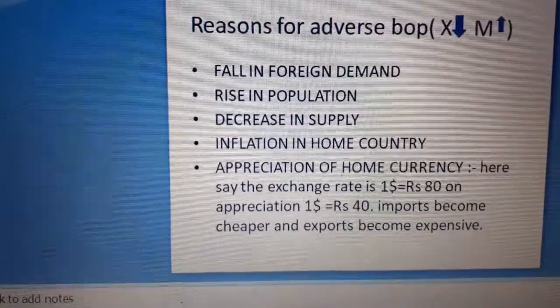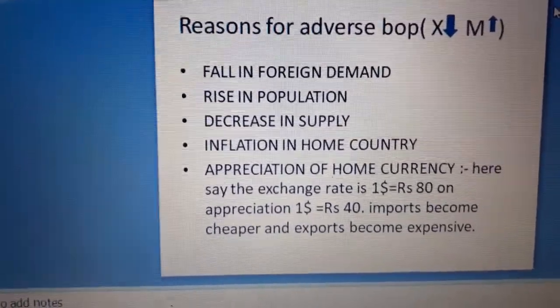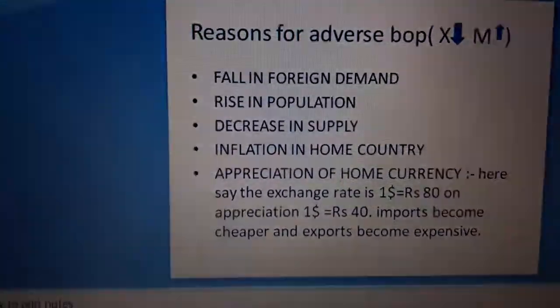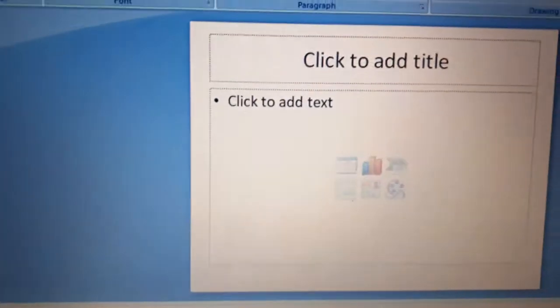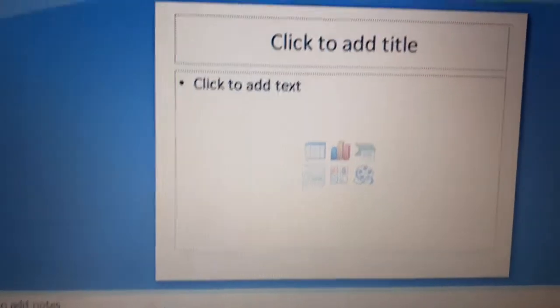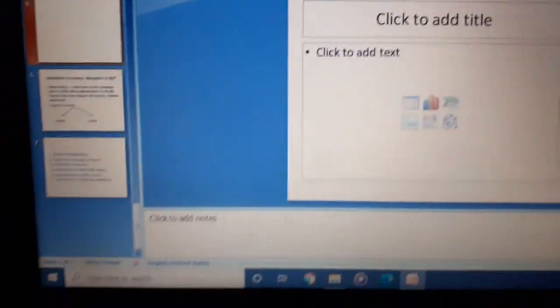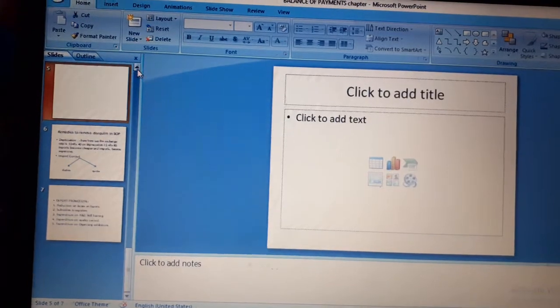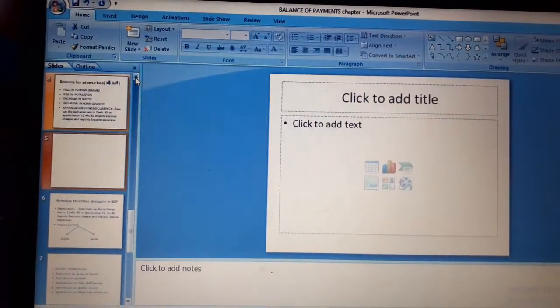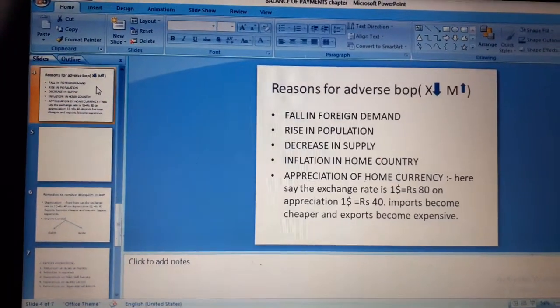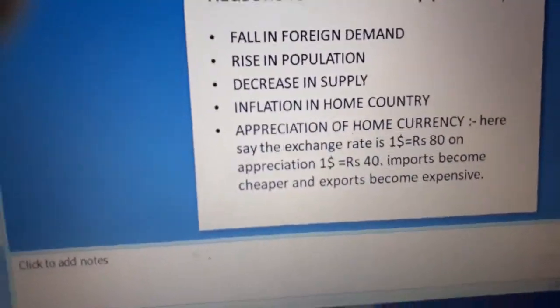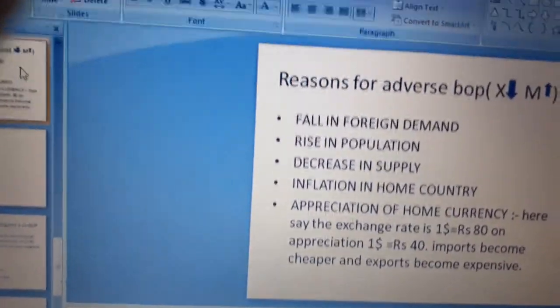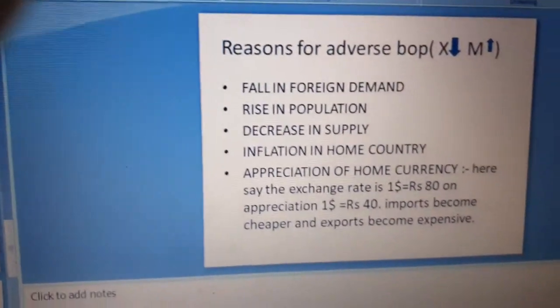How do we cross check? 1 rupee in the initial case was worth $1/80, and in the new case, 1 rupee will be equal to $1/40. So obviously 1/40 is greater than 1/80.